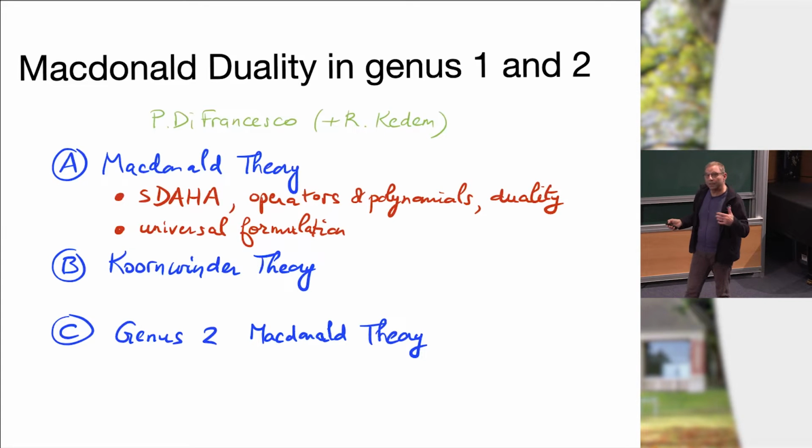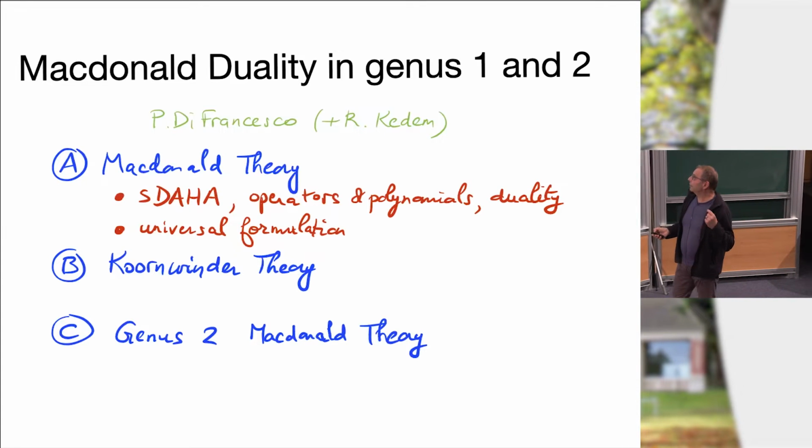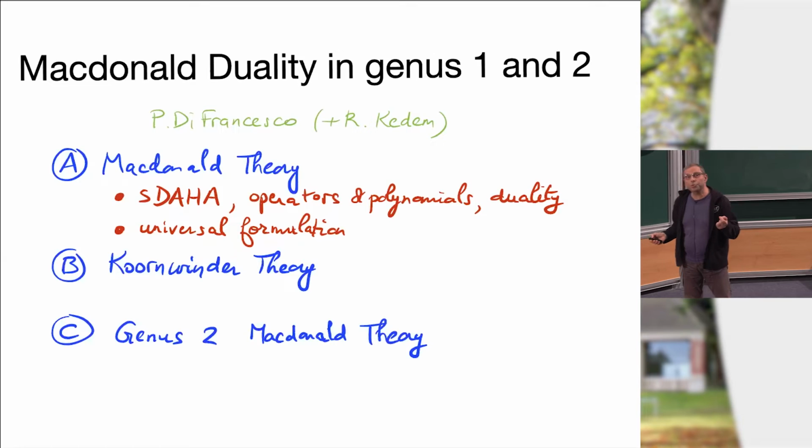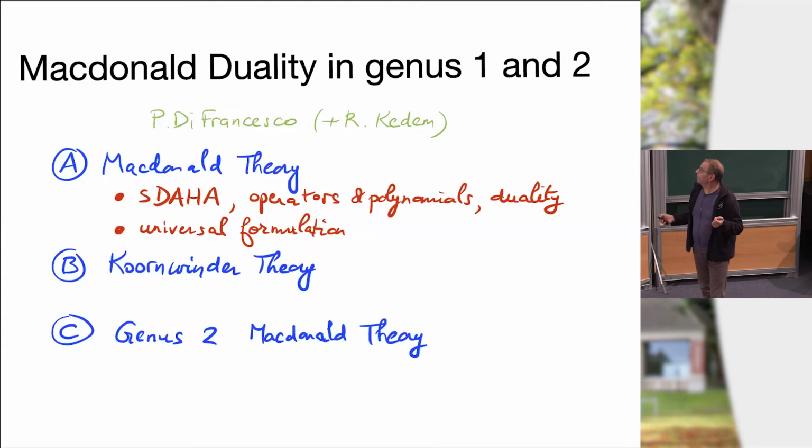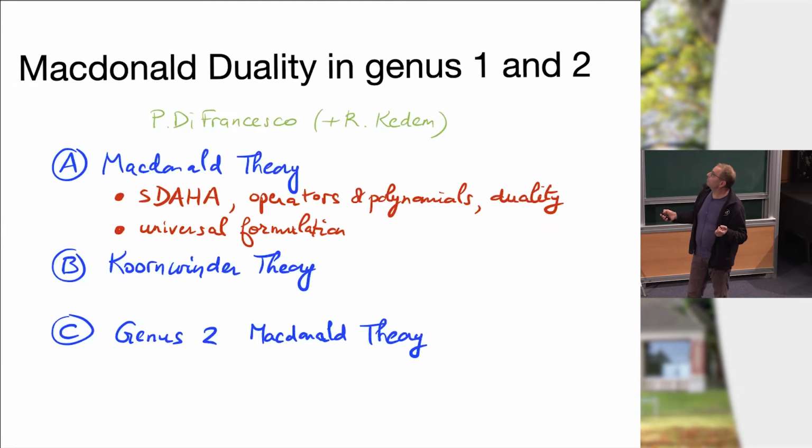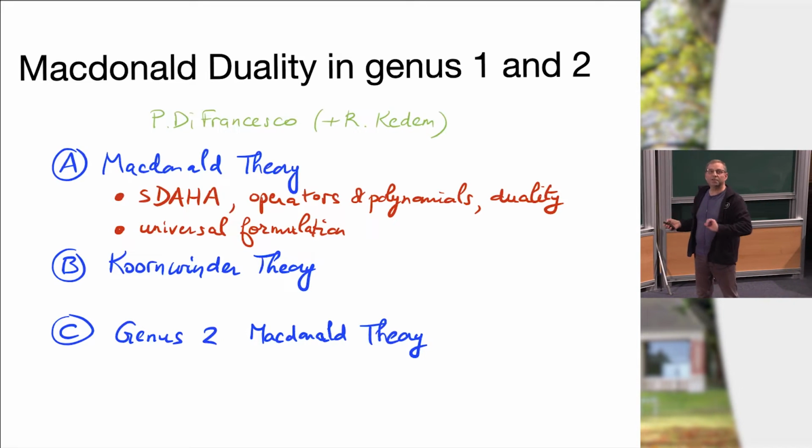And finally, recently, Arthamonov and Shakirov introduced a genus 2 version of Macdonald theory. So Macdonald theory, because of DAHA, as I will show you, has naturally genus 1. And they managed to introduce a genus 2 version of that, which has its own restrictions.